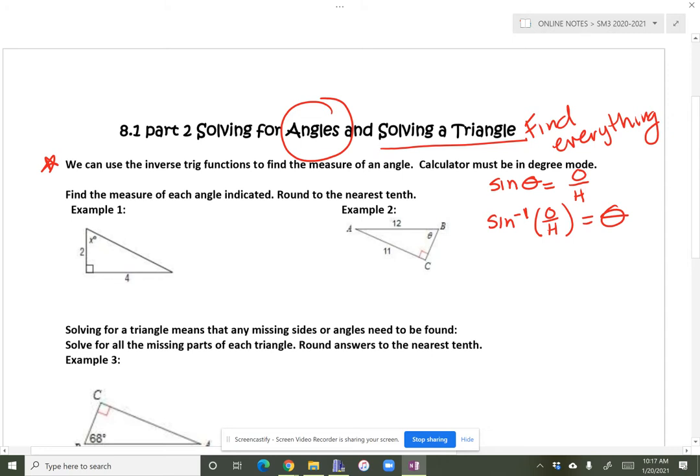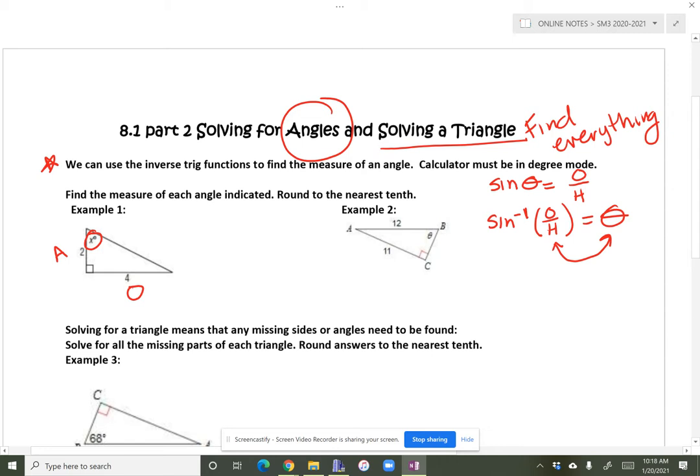Anyways, the biggest thing is when we were writing our sentences, we said sine of the angle equals the fraction. Well, inverse sine or inverse cosine or inverse tangent flip-flops these from the normal sentence we used when solving for a side. Now when we're solving for an angle, we're going to flip-flop. For example, in example 1, if this is our theta, 4 is our opposite and 2 is our adjacent.